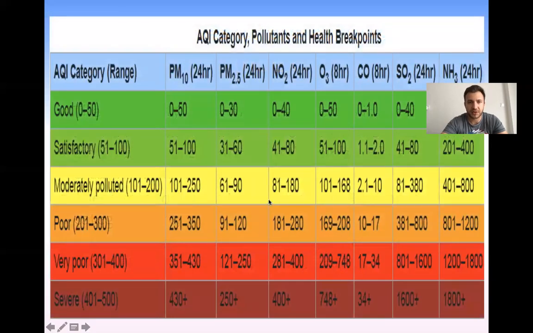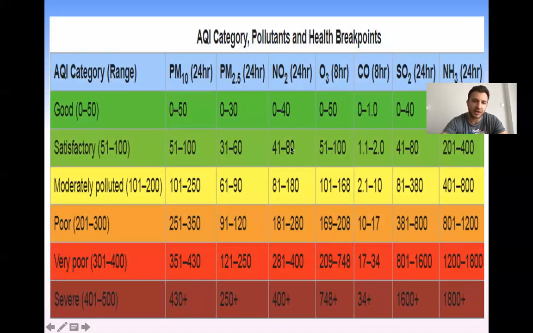This table shows the level of each indicator. For example, if PM10 is between 0 and 50, NO2 is between 0 and 40, and SO2 is between 0 and 40, and so on, then this city or area is called a good area for air pollution. They don't have any problem with air pollution in this area.